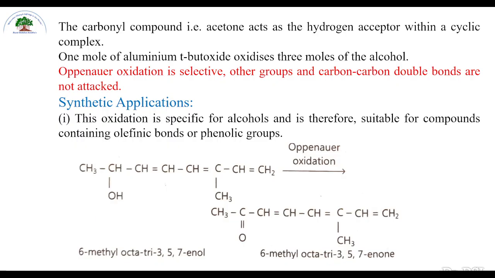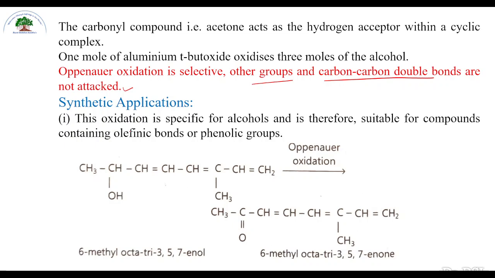One mole of aluminum tertiary butoxide oxidizes 3 moles of alcohol, as there are 3 groups with aluminum. So Oppenauer oxidation is selective. Other groups and carbon-carbon double bonds are not attacked, or they remain intact.